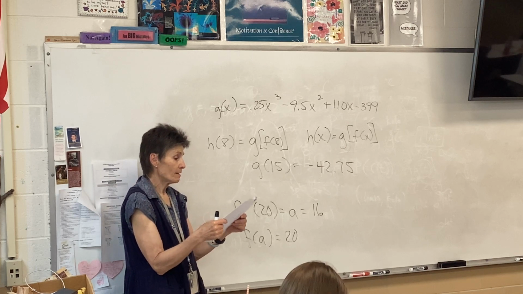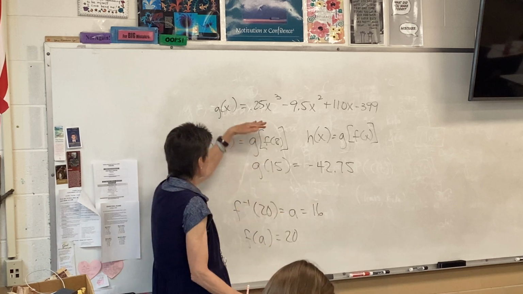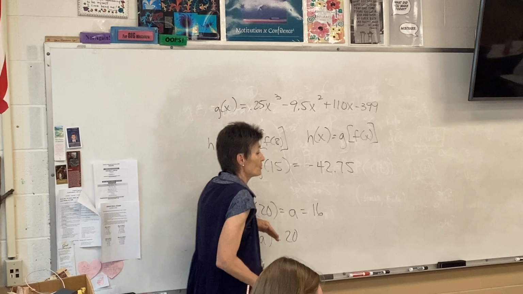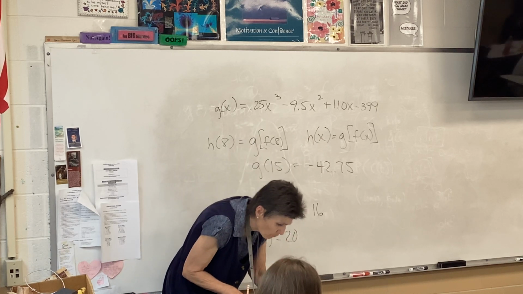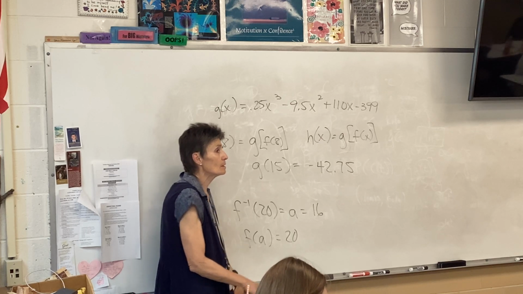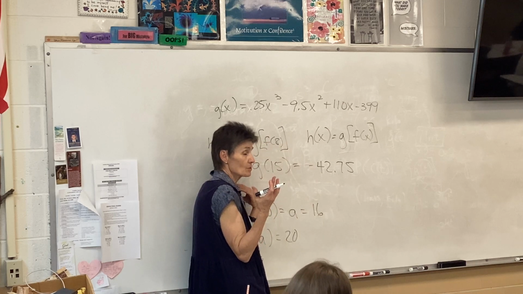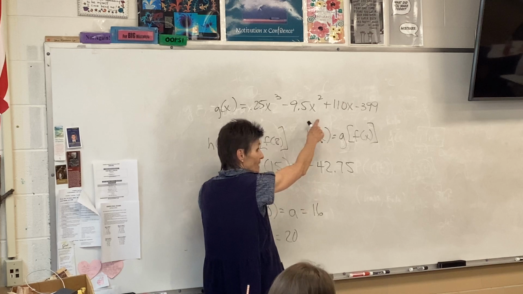All right, part B. Find all the values of x for which g of x, that's this awful thing, equals negative 45. So, remember, you have a calculator. Personally, I would graph this.